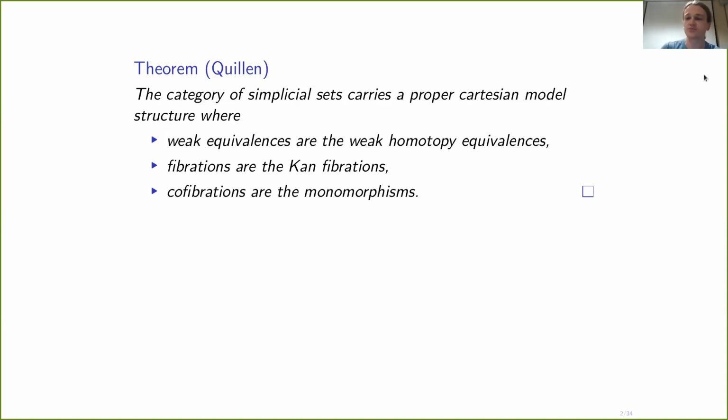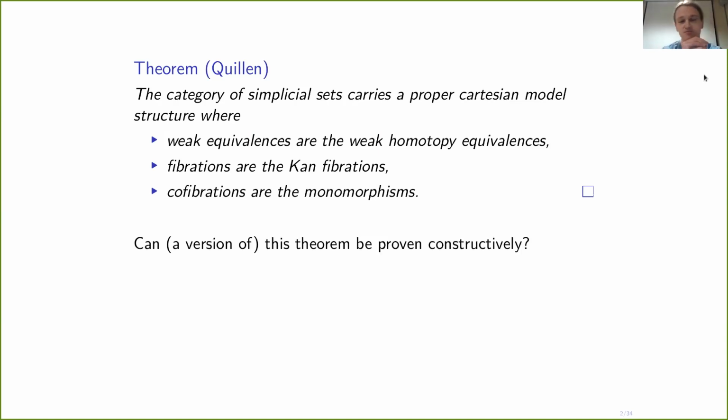There have been many proofs of this theorem to date, but until very recently, none of the known proofs were constructive. So the question that I want to address here today is, can this theorem or some version of this theorem be proven constructively?